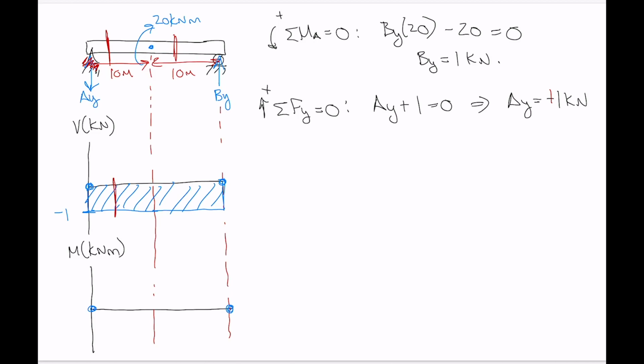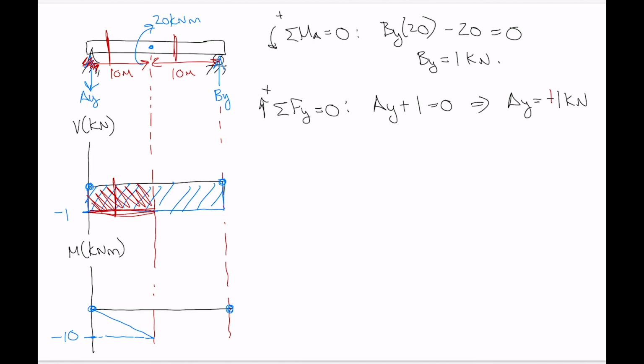So the value of shear in this section here between 0 and 10 is a constant value of -1. So the slope of the moment diagram has to be a constant -1. So linear line, negative slope. And then the value that we get to here is given by the area in the shear diagram here. So -1 multiplied by 10 gives us -10.